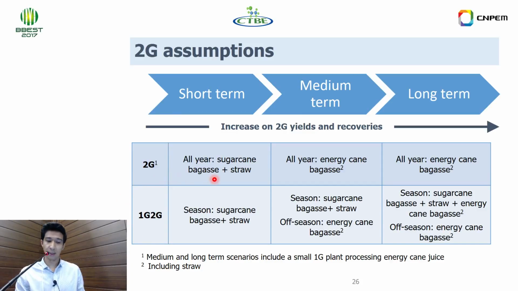We can see that the difference over the short, medium, and long terms is, of course, the increase in second generation yields in the industry, but also the use of biomass will impact a lot, mainly the integrated scenarios, because of the introduction of energy cane.